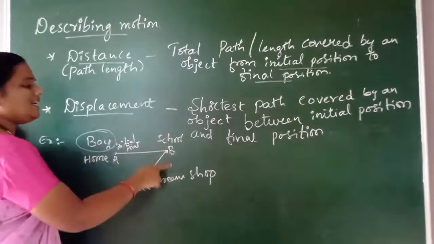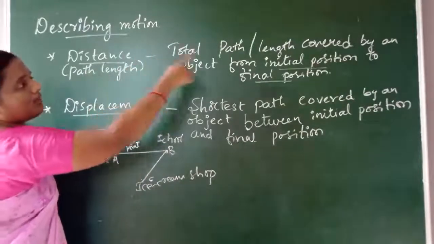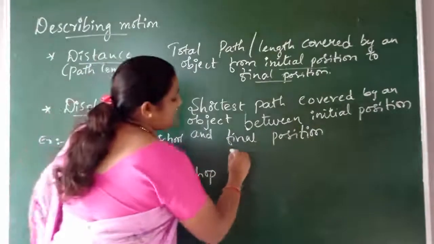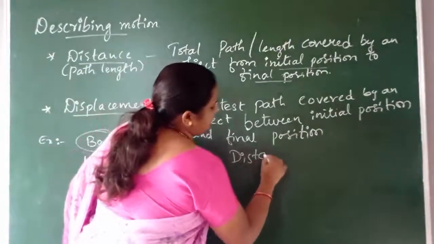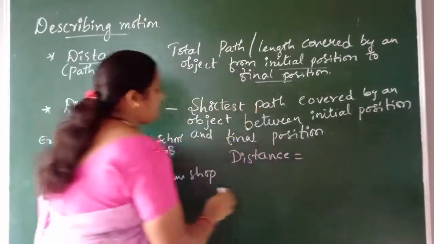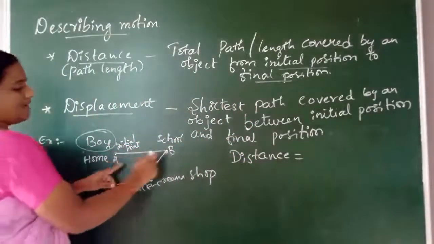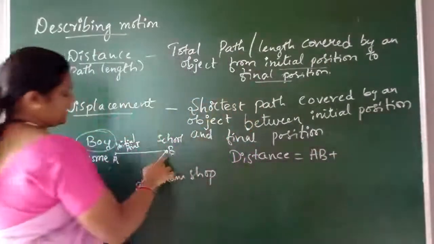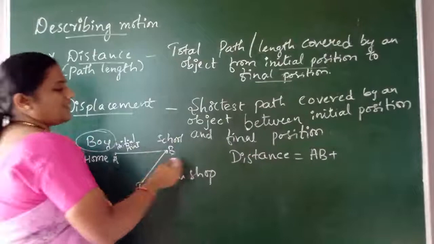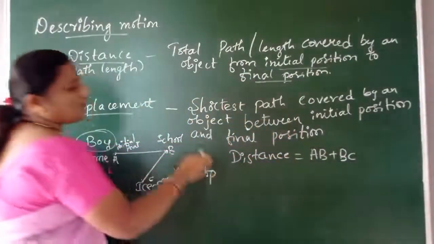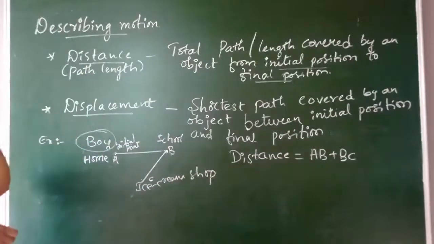So the total distance, nothing but the total path he has covered, children, here, we can write, this length as AB. Shall we write like this? This distance is what? We don't know, no? We can name them with the quantities, that is BC. This is the total distance covered by this boy. Then what about the displacement?